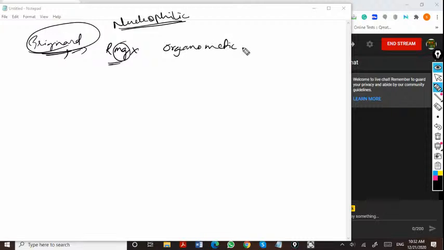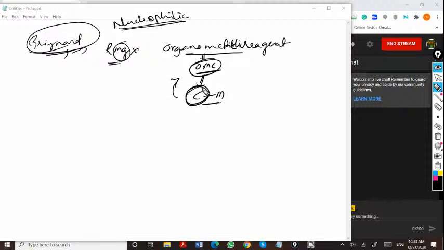So what is an organometallic reagent? It is a reagent which is an organometallic compound, OMC. What does organometallic compound mean? It is a compound where there is a metal-carbon bond present. It is not an inorganic compound; where there is an organic carbon with a metal bond, it is an organometallic compound.